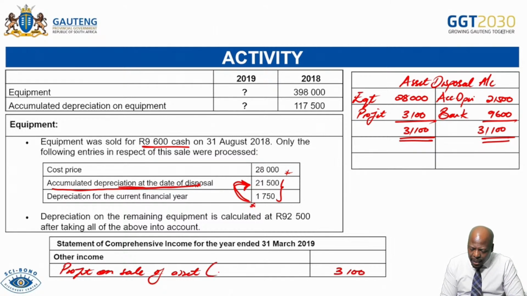If you want to show calculations, you are simply saying 21.5 plus 9.6 minus 28,000. That gives you your 3,100, which is profit. Okay, I'm going to move on to the next one.